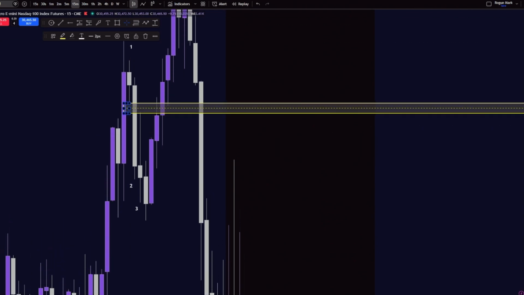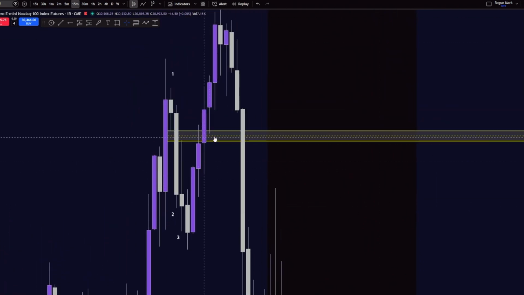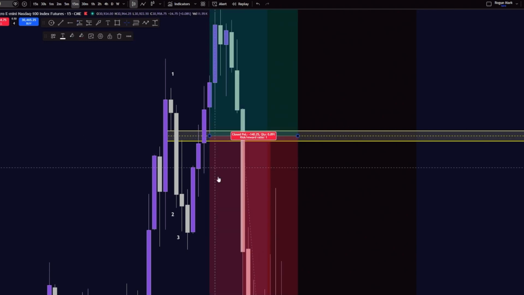For this, as you can see, price violated this fair value gap by closing through it. The body of the candle is not supposed to close on top of it. So this violated it, which turned it into an inverse fair value gap. I would go with an entry for a long position from this wick. So I'll go mid.